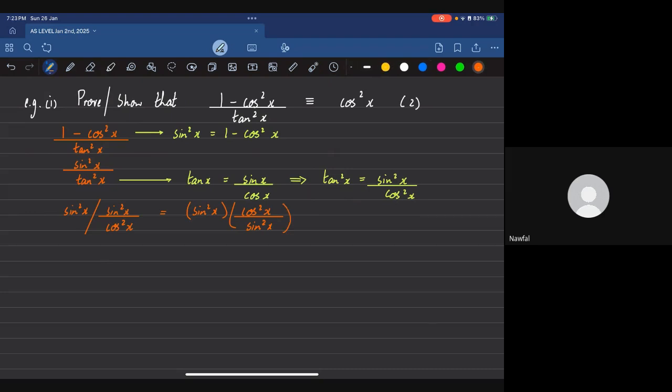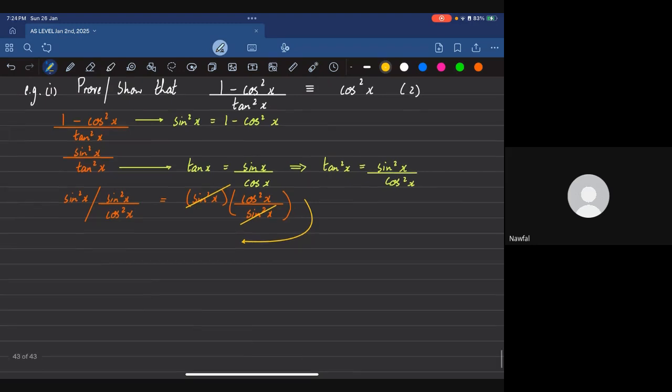And you can simply cancel out sine square x with sine square x, and the final answer will be cos square x. Hence, proven.